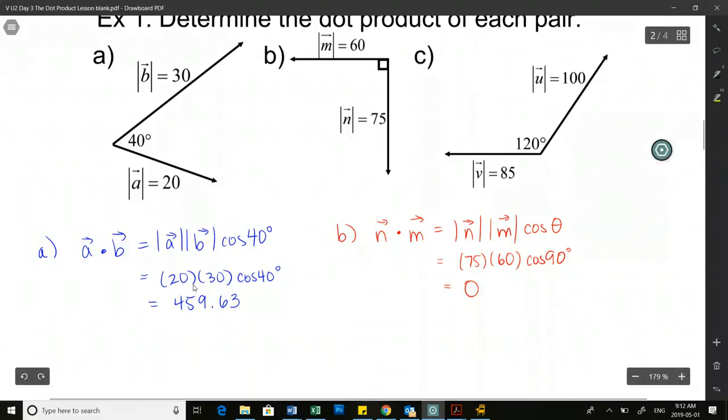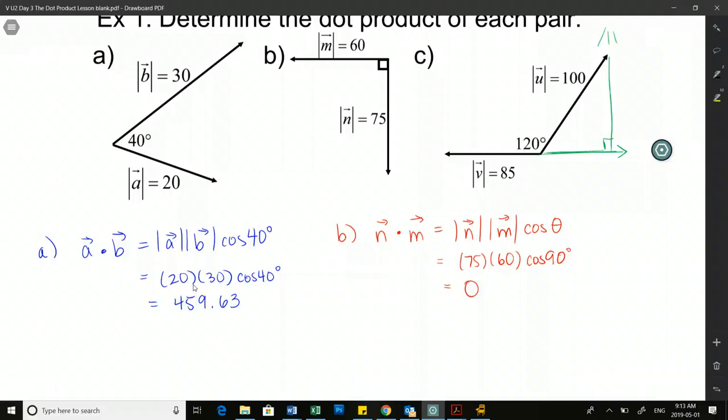Okay, for this last one here, this one is kind of interesting because if you imagine that we shine a light down here, this part of my vector is actually being projected in the opposite direction of v. So if I want to know the component of u that's actually working in the same direction of v, there isn't a component that's working in the same direction.